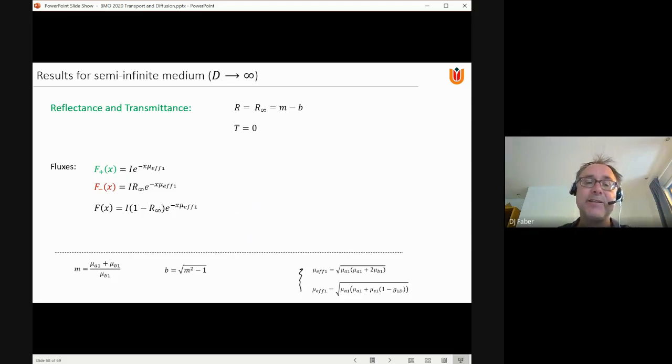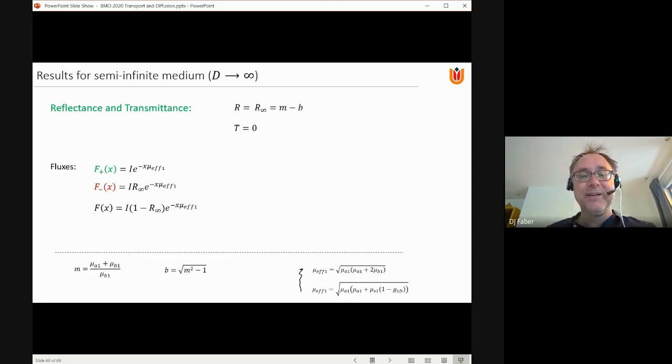Also, the expressions for the fluxes simplify in this case. For d goes to infinity, they become simple exponentials. So the flux in the positive direction is a simple single exponential, I times exponential minus x times the effective attenuation coefficient. The flux in the negative direction is also a simple exponential, and so is the net flux.